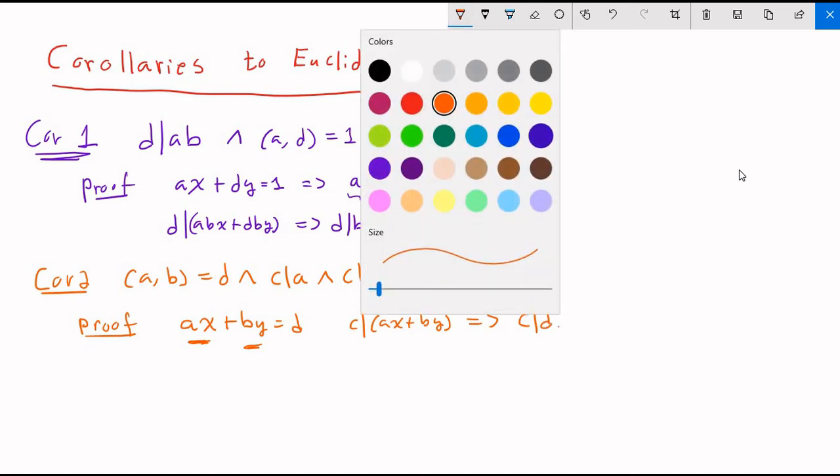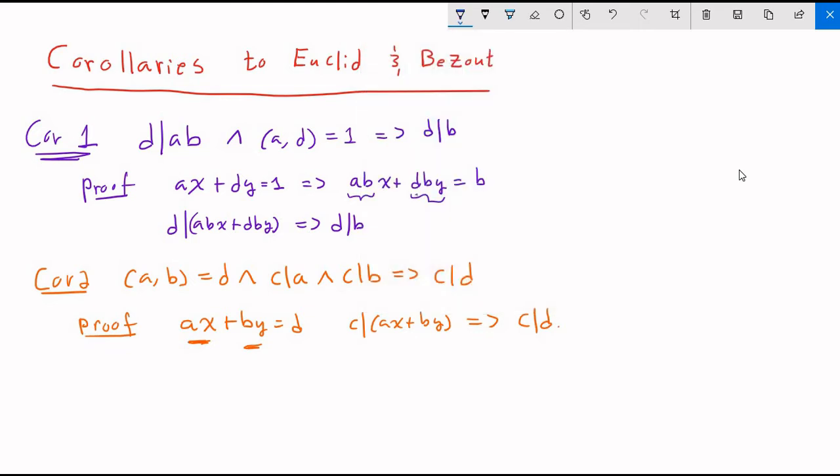For the final corollary, coming from Euclid's algorithm and/or Bezout's theorem, we're now going to suppose that a divides some integer m, b divides that same integer m, and that a and b have GCD equal to 1.